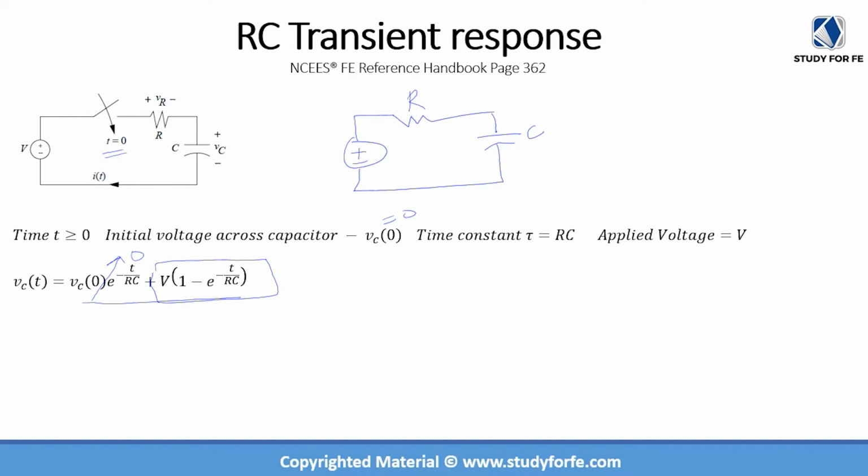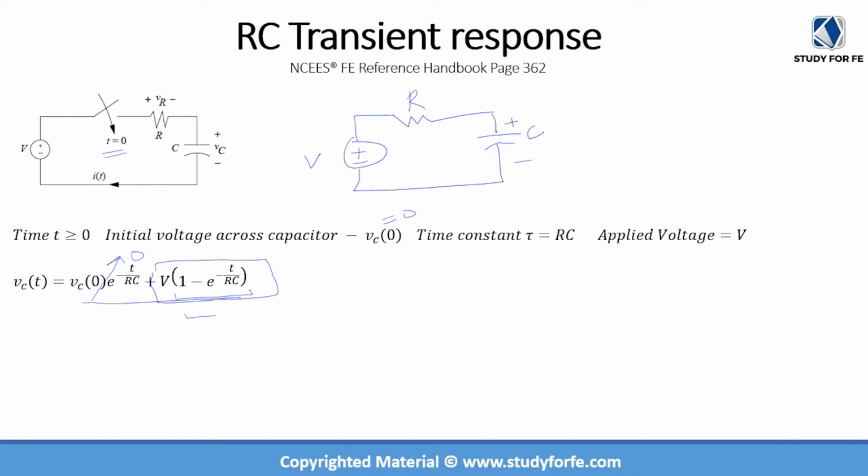So what happens is that this voltage source will now start charging this capacitor. A charge will start building up on this capacitor, and this equation, V times 1 minus e to the power of minus t divided by RC, tells us how the capacitor is being charged.